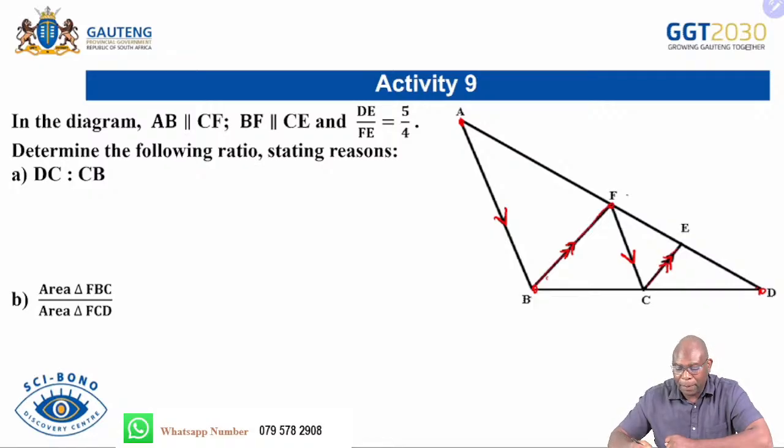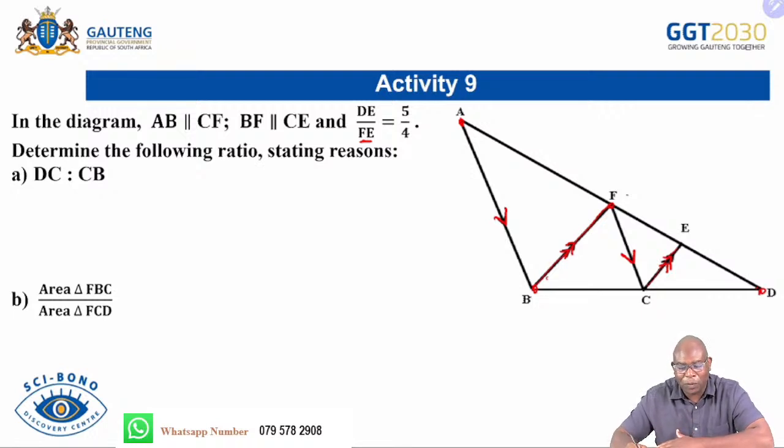And in triangle ABD, we are working with parallel lines FC and AB, those two lines that are parallel. Now, determine the following. You're also given that DE over FE, you see, it's 5 over 4.